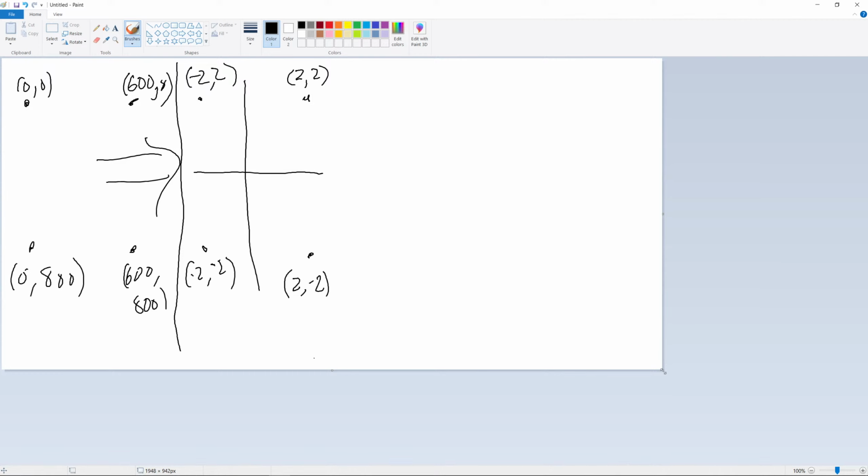Okay. So when x is 0, y is 0. A, B, Y, C. This is A. This is X. So we'll ignore the 0, 0 for now. 600. No, no, no. Doing it wrong.